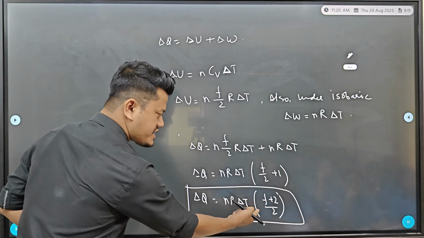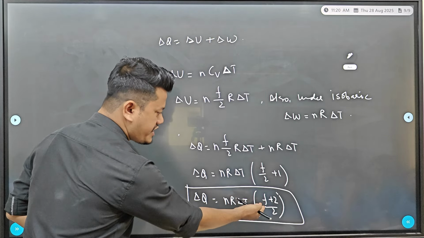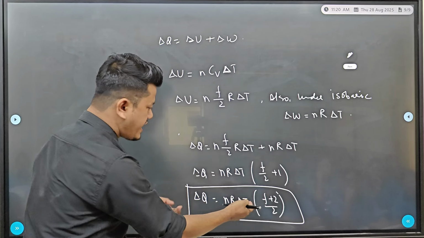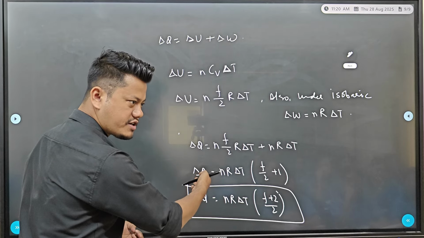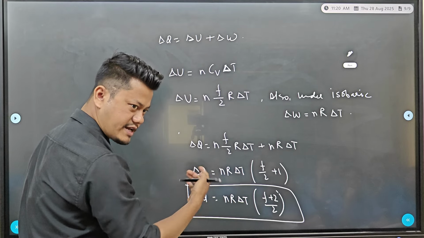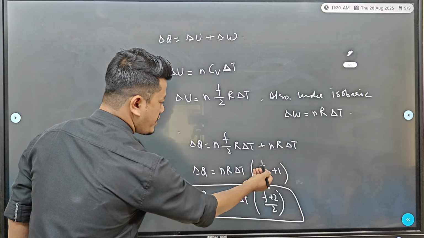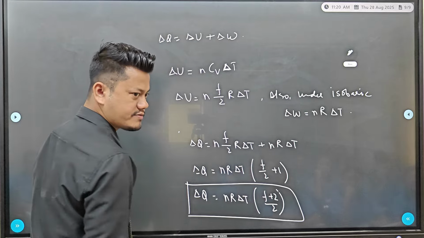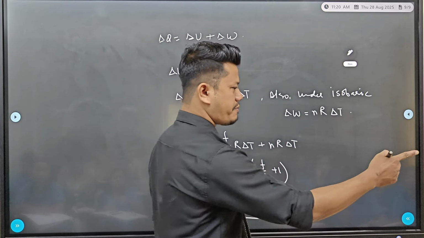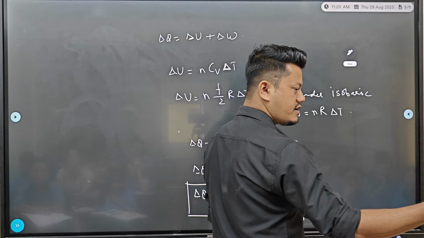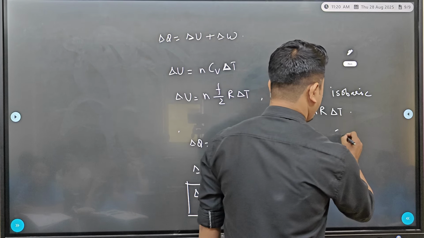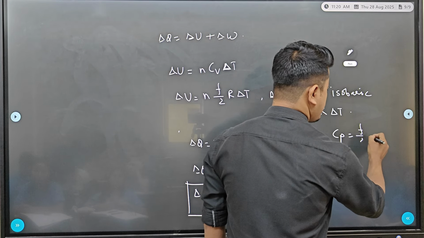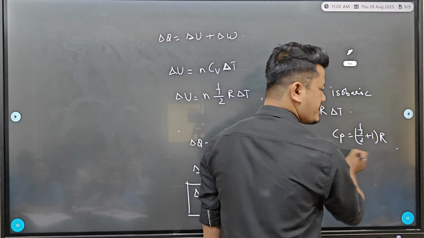See here, we got this expression, right? If I know the degrees of freedom of a monoatomic gas, I can easily find out the change in heat under the isobaric process. Is that clear? Now you just see, what is F by 2 plus 1 into R? Just a couple of minutes back, we got the specific heat under constant pressure. It was Cp or not? Cp was F by 2 plus 1 into R, right?